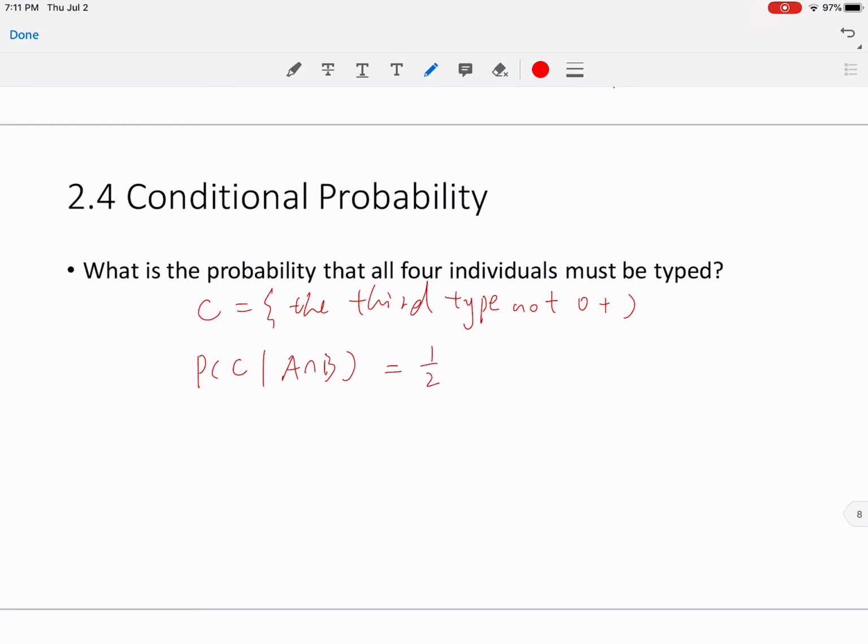The reason why it's 1 over 2 here is because we have already known that the first 2 people, A and B, don't have the O positive. After that, there are only 2 people left, and only 1 of them doesn't have the O positive. So the probability is 1 over 2. And then the probability that all 4 are tapped.